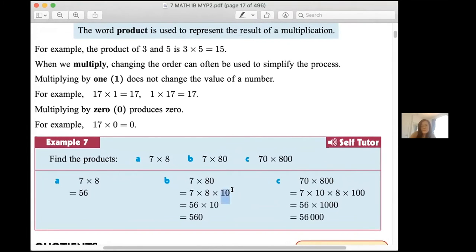And then the 10 tells us we need to add 1 zero at the end. 70 times 800 is similar. We are just gonna factor it to 7 times 10, 8 times 100. And then the product of 10 and 100 is 1000. So it tells us we need to add 3 zeros after that. Yeah, I see right answers in the chat.